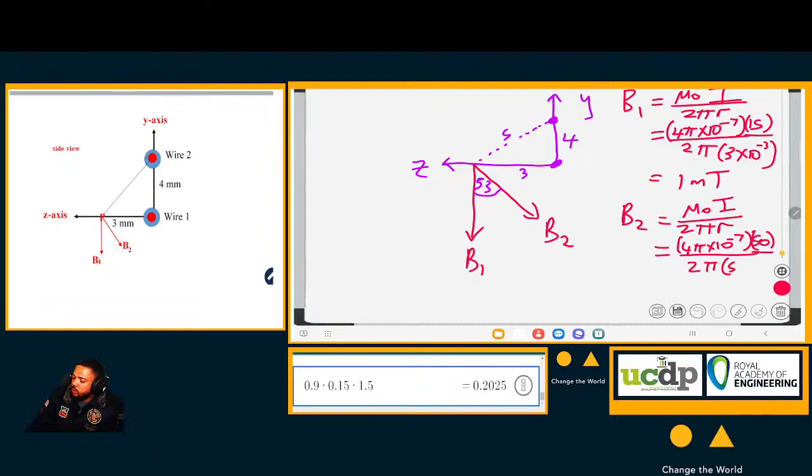The distance is 5 millimeters. And we have that the answer is 2 millitesla. So 1 millitesla and 2 millitesla.